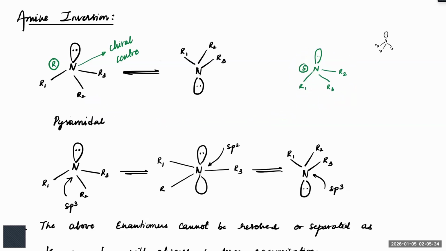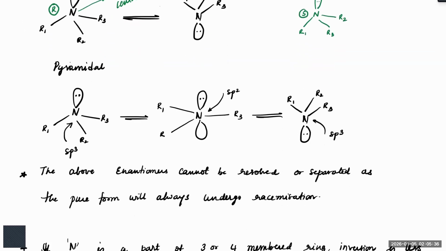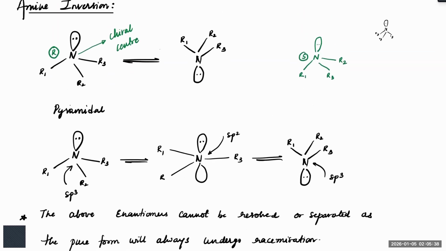Why is this happening? Whenever the nitrogen with these three different groups are present, and they start coming close to each other due to their lone pair repulsions, like this.